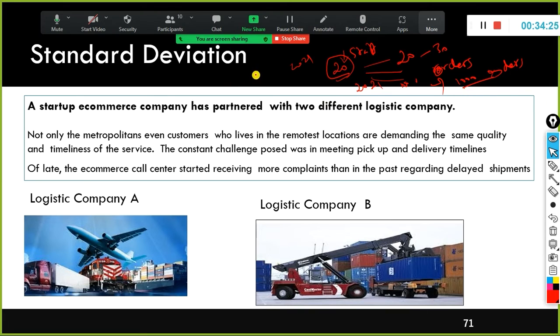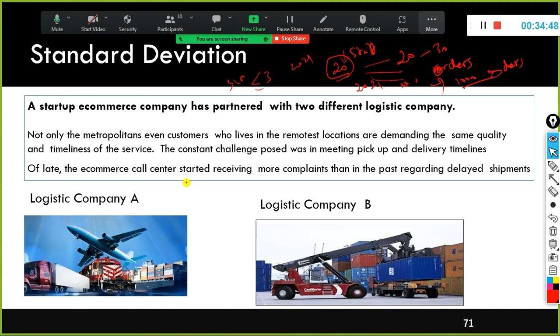Each order should get delivered on or before 3 days. This is the SLA for each order. With 20 staff, can you deliver 1,000 orders on or before 3 days? It is not possible practically.